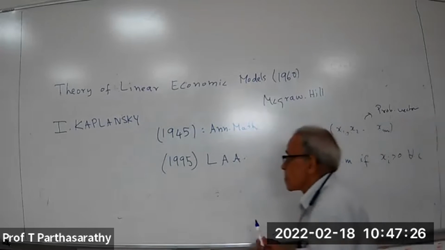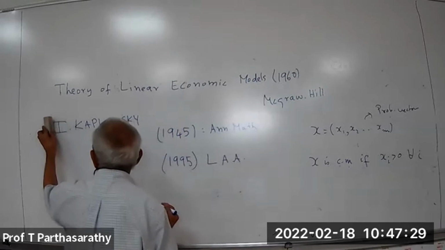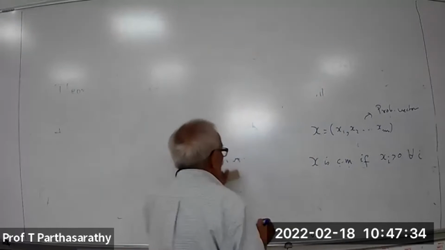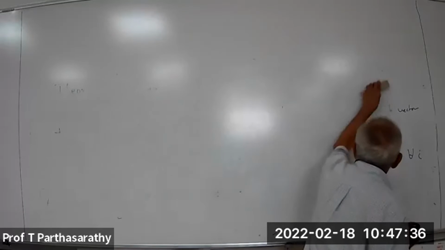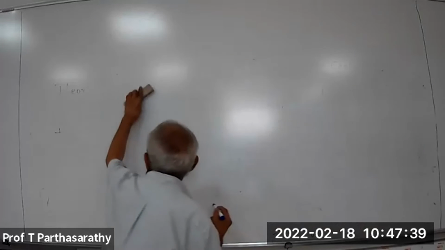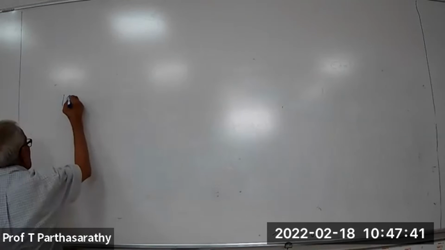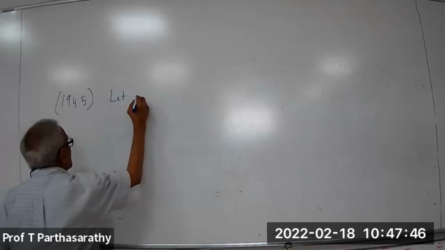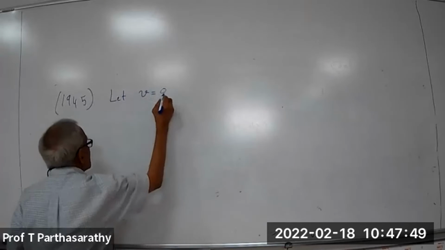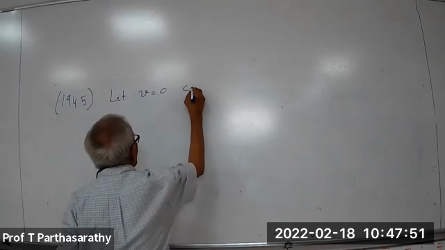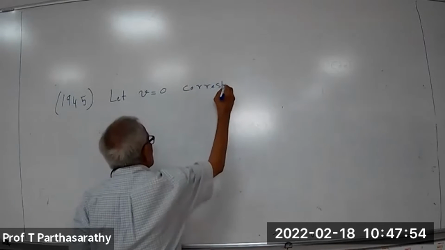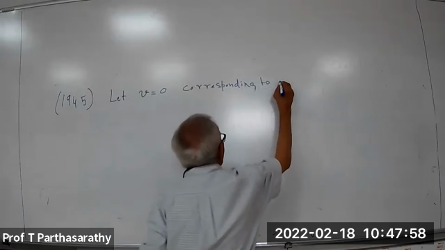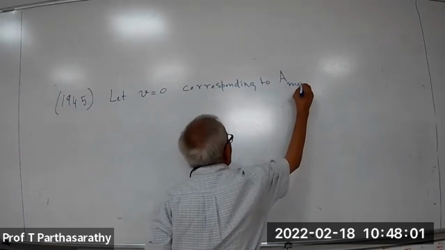So let me write out the theorem, because I need that. Theorem (1945). Let V, the value of the game corresponding to the given matrix A, be 0, where A is m cross n.